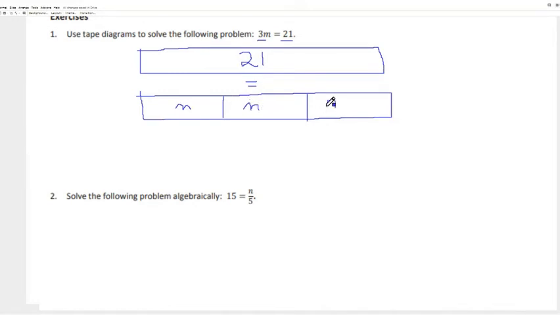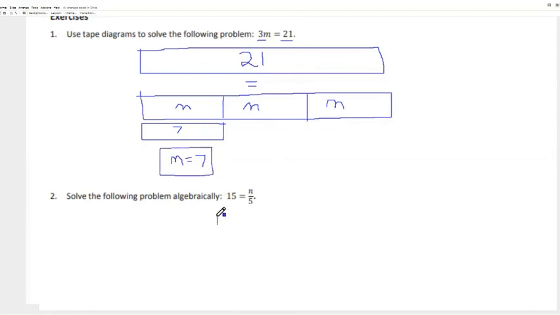All right, and so the question is, what would m have to be? Well, what would one of these boxes of m actually have to equal? Well, of course, we're breaking this up into 3 equal parts, so that would be a 7. So m would equal 7. So your tape diagram should look something like this. If you have 7 on all of them, that's perfectly fine. But of course, this is what you should have come up with.